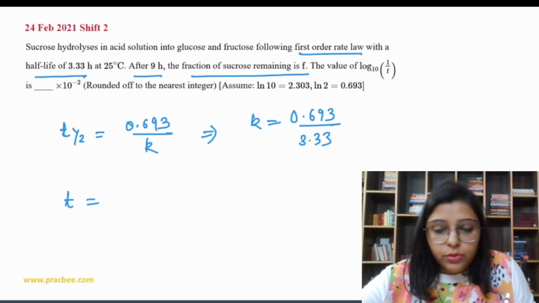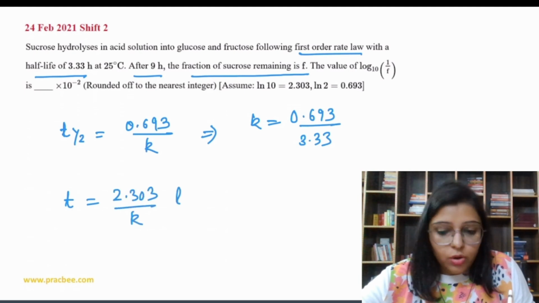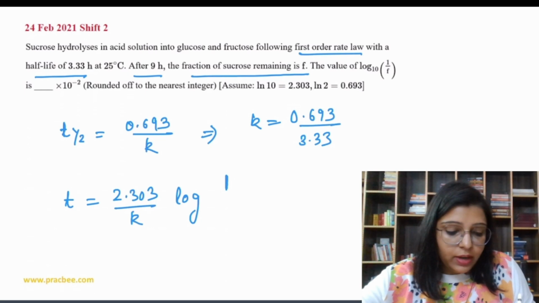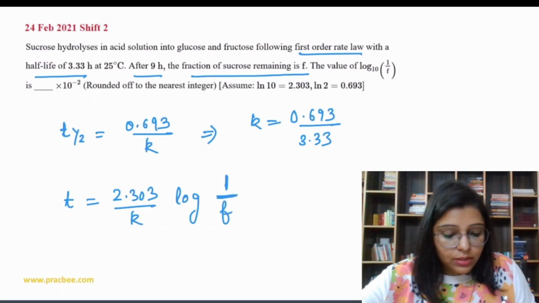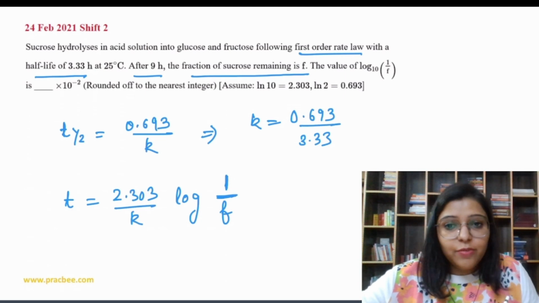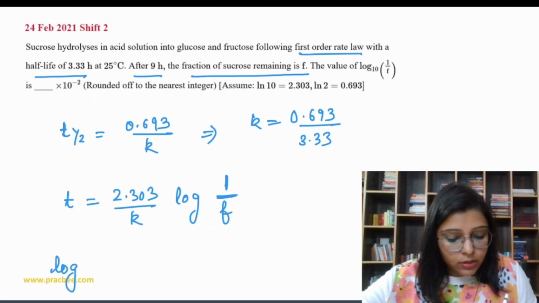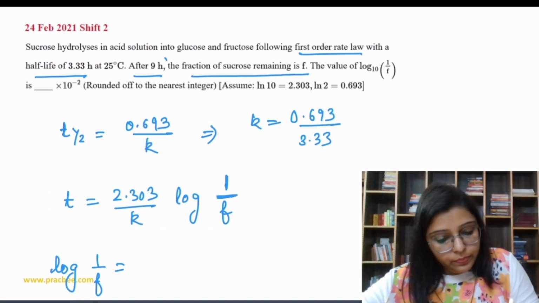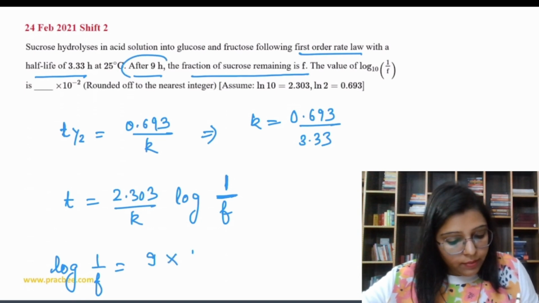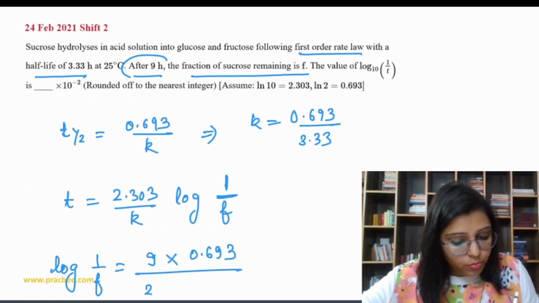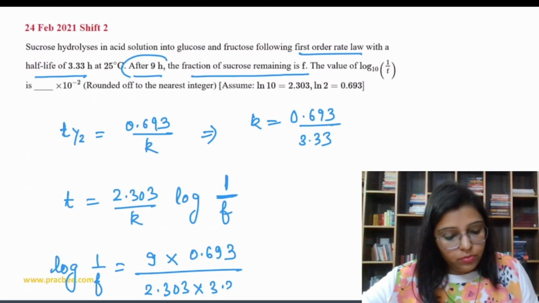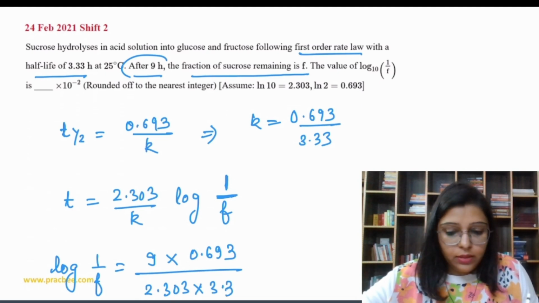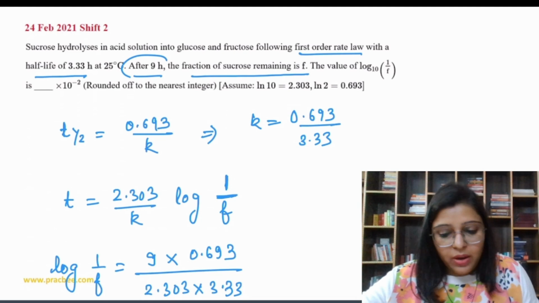So now T is equal to 2.303 upon K log of initial fraction 1 and final F. So it means now we have to find out the value of log 1 by F. So how to find the value of this? Log 1 by F is equal to T, okay, so T is what? After 9 hours, so 9, K value 0.693 and this is 2.303 into 3.33. You just have to solve this.